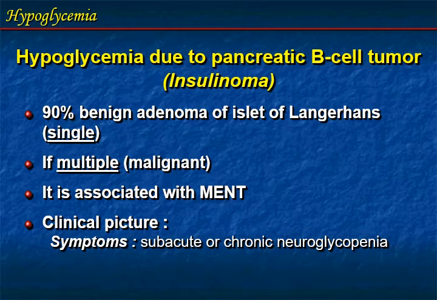The clinical picture here, due to the prolonged situation, is not acute, as we said earlier. The symptoms in insulinoma are subacute or chronic neuroglycopenia because it happens for a long period.